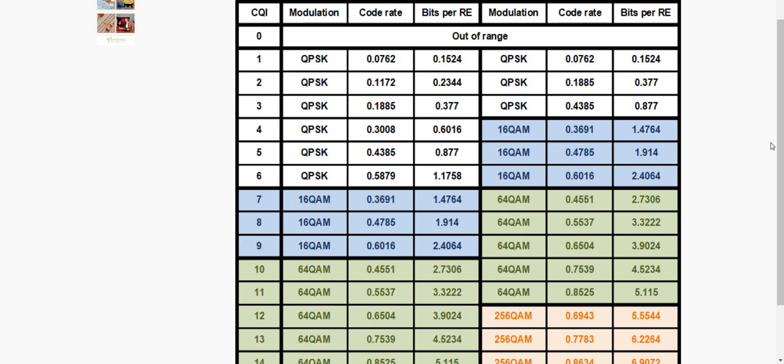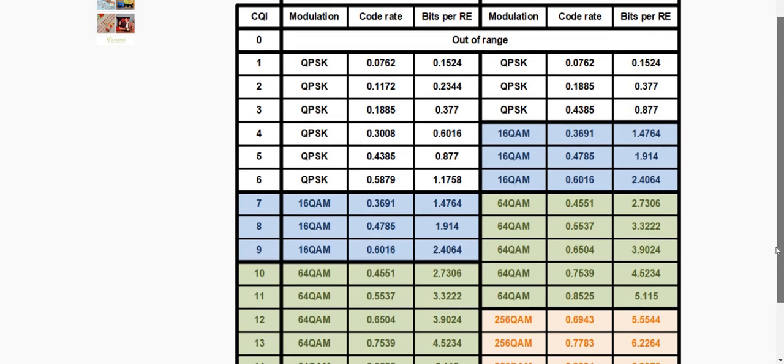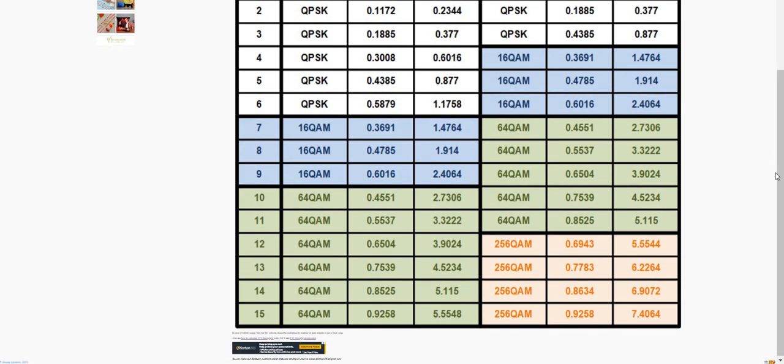So the code rate with CQI 15 is to be used with 0.9, and 0.9 means it's approximately 1. That is why you can see that bits per resource element or symbol remain 6, because with 64 QAM 6 bits per symbol we can transmit, and if code rate is 1, approximately the full bits can be transmitted.